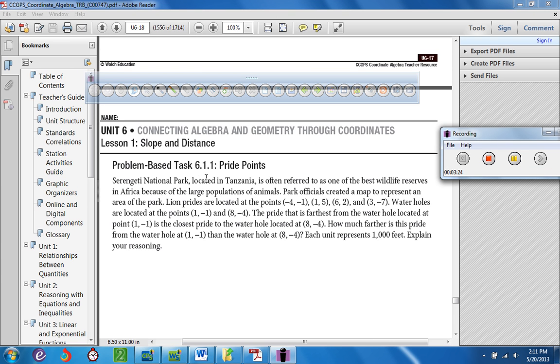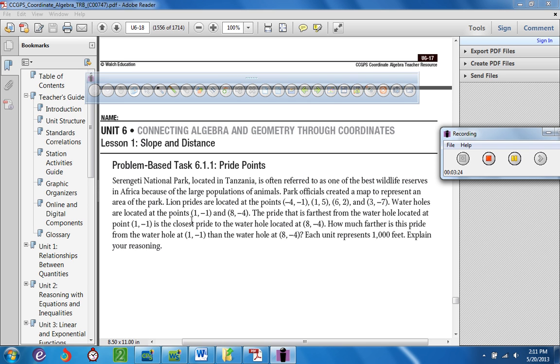The Serengeti National Park, located in Tanzania, is often referred to as one of the best wildlife reserves in Africa because of the large population of animals. Park officials created a map to represent an area of the park. Lion prides are located at the points (-4, -1), (1.5, 6.2), and (3, -7).